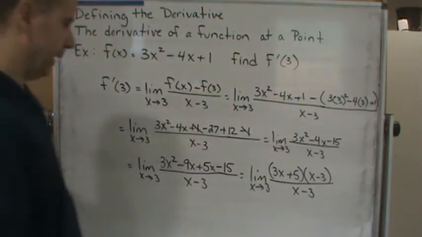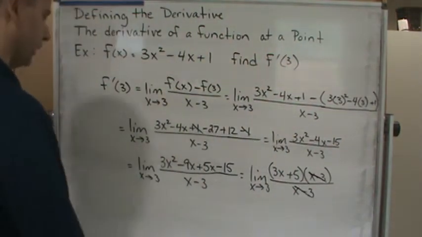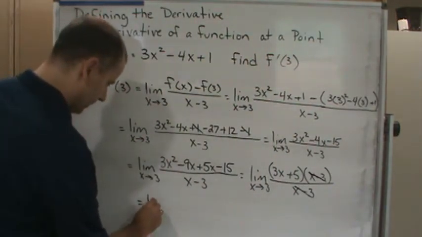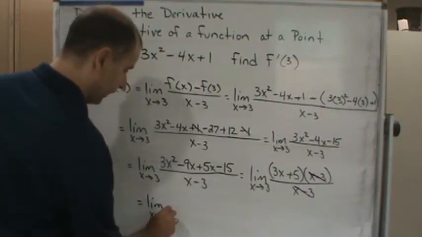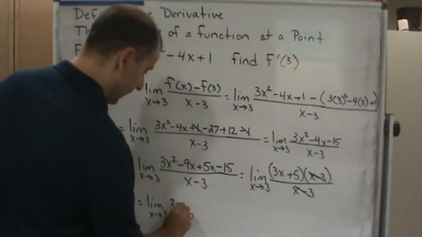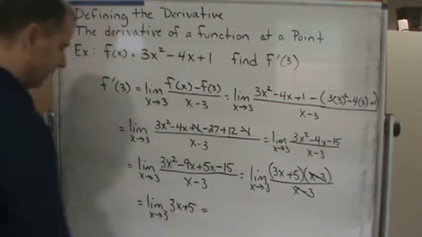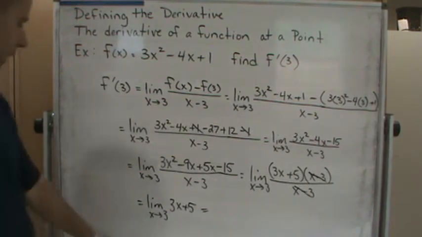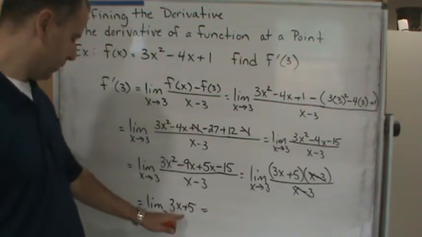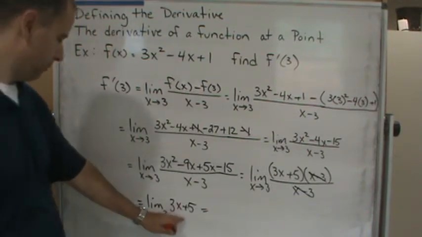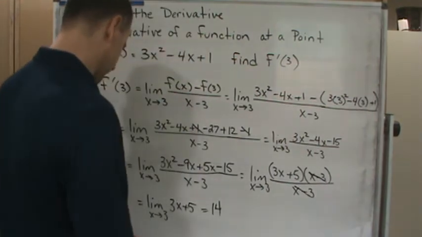Okay? And now I'm going to cancel the x minus 3's, and lo and behold, I get the limit as x approaches 3 of 3x plus 5. And of course, this is continuous everywhere, so that means I can just plug in 3 and get my limit.